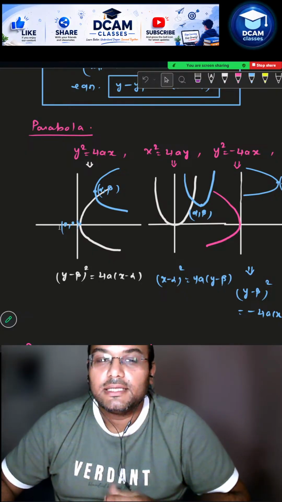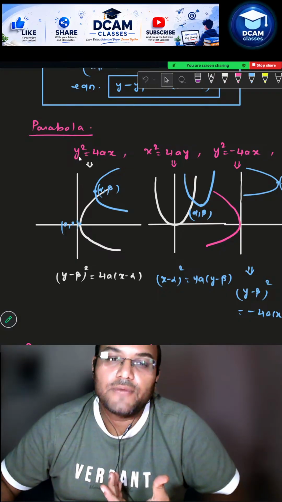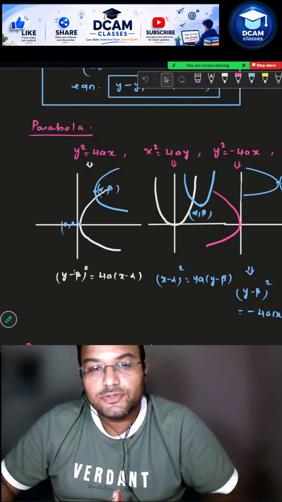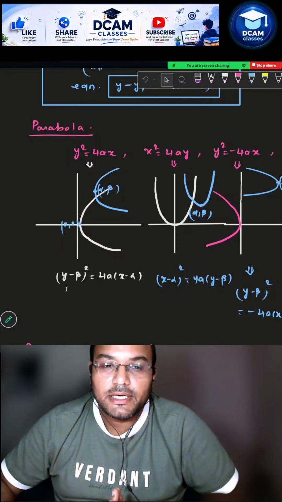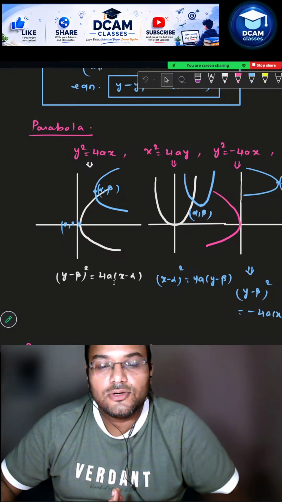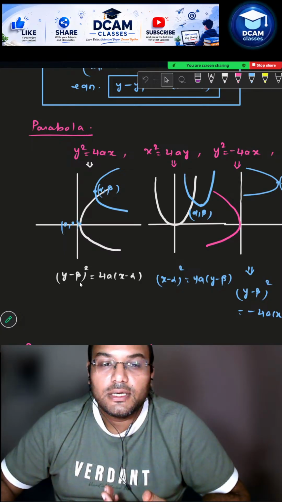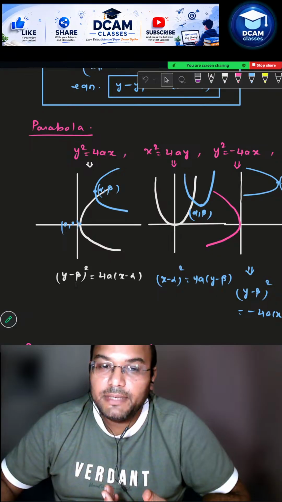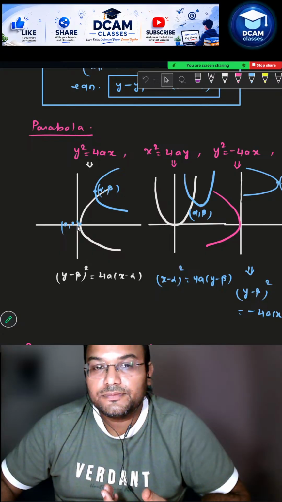See, always the graph of the parabola won't be in that form, y square equal to 4ax. Actually every graph of the parabola can be represented as y minus beta whole square is equal to 4a into x minus alpha. That means what? The alpha and beta are the vertex. Y square is equal to 4ax had the vertex at 0, 0.